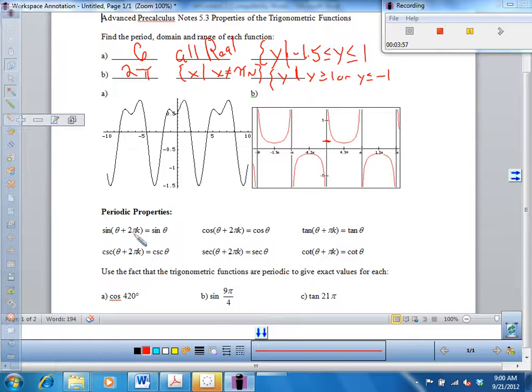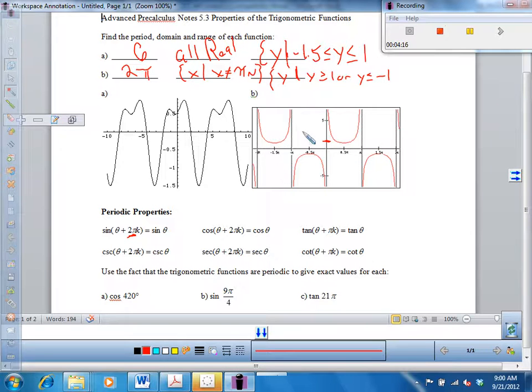Sine's period is 2 pi, meaning you have the exact same values every 2 pi radians, as does cosine. As does cosecant, which is the reciprocal of sine, which looks like this or like this. I'm not sure if that's cosecant or secant, but we'll talk about those later on.